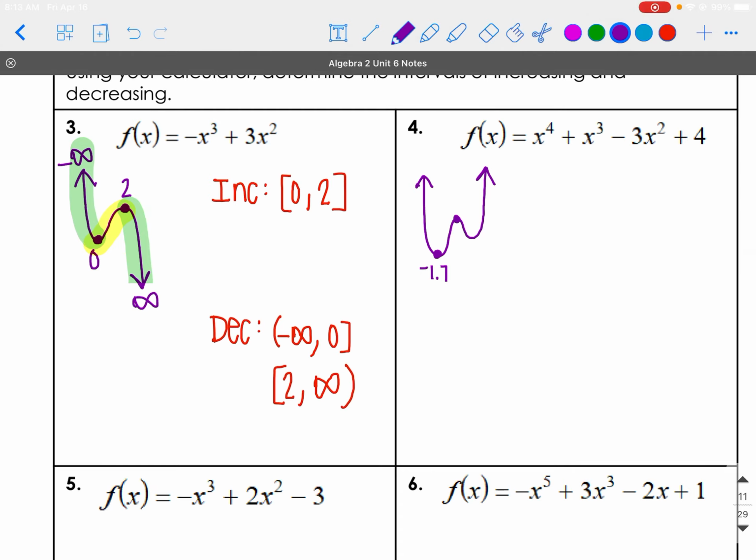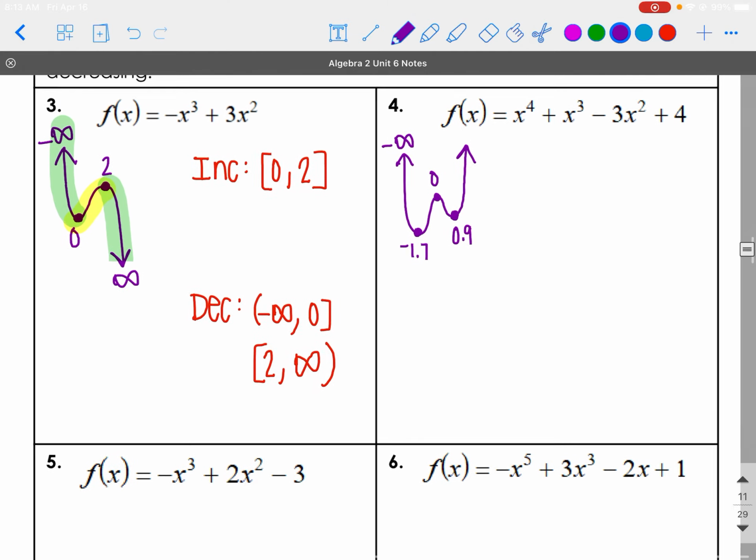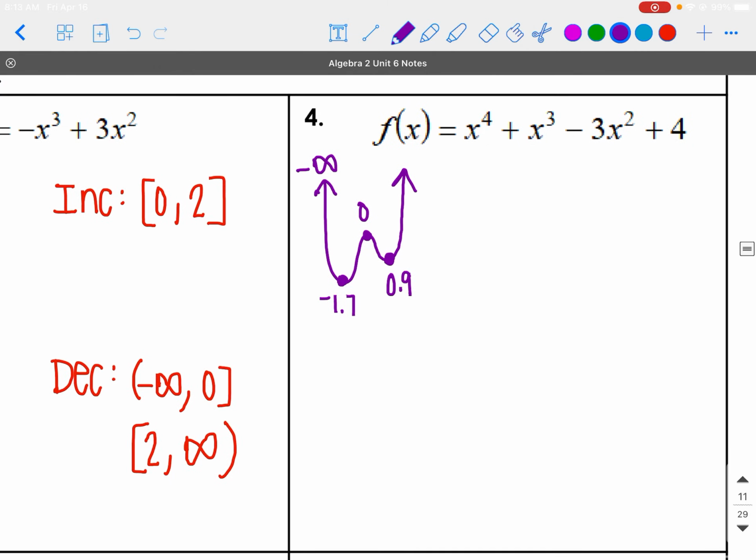This maximum had an x value of 0. And this minimum had an x value of 0.9. And then on the left side arrow, we put negative infinity. On the right side arrow, we put positive infinity.